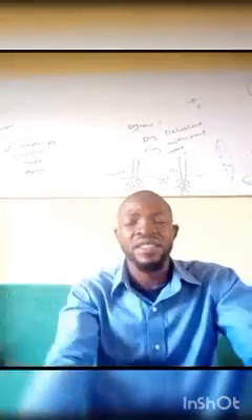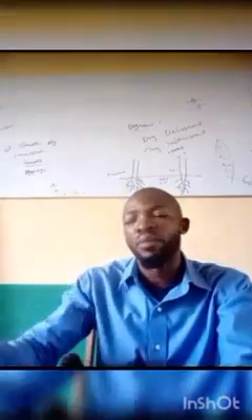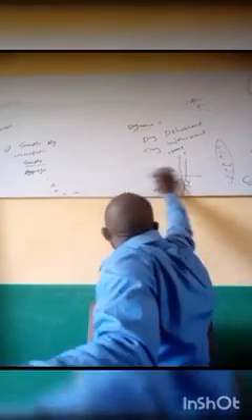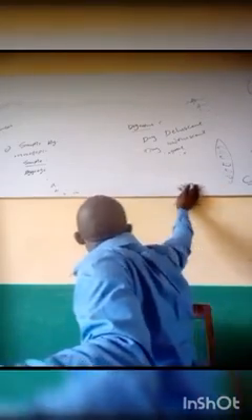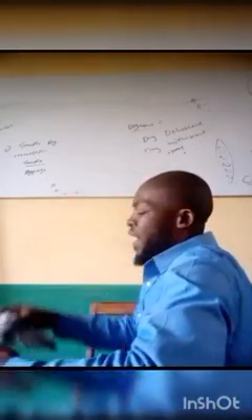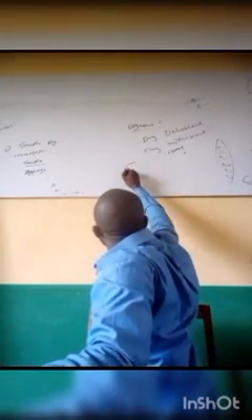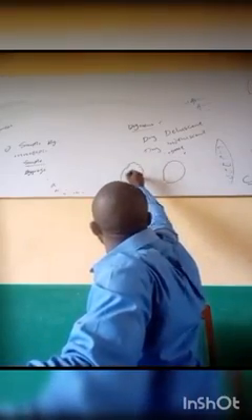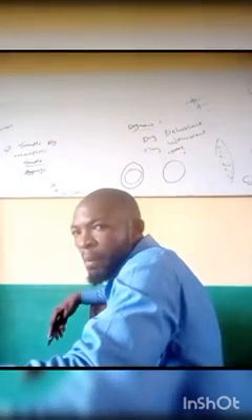Now let's look at the nature of their vascular bundles. When we have a transverse section of the stem and the roots of monocot and dicot, if you look at this as a stem, you will see what we call the pericycle. The pericycle surrounds the entire vascular bundles.